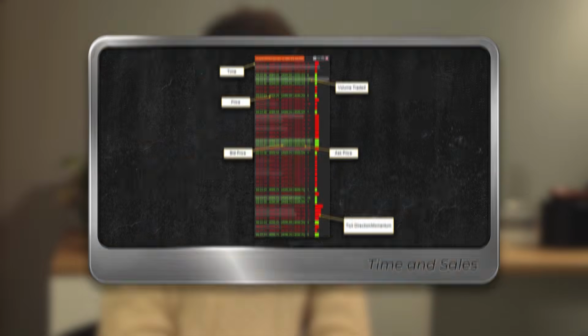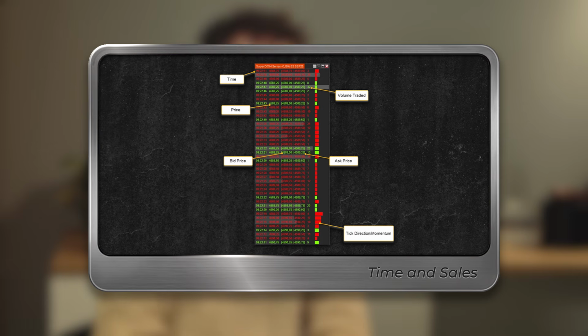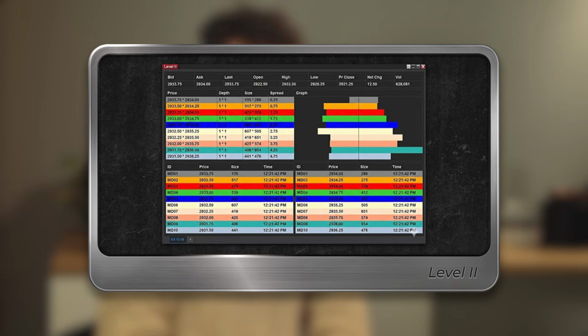Order flow analysis is built on a few core data pieces, each showing a different side of market activity. Tape, also known as time and sales, shows executed trades as they occur, including price, size, and whether trades hit the bid or the ask. This helps identify aggressive buying and selling as trades complete in real time. Level 2 market data shows the current bid and ask prices along with the available contract sizes.